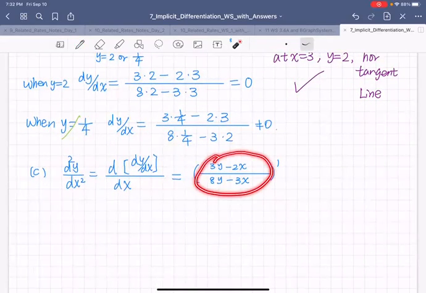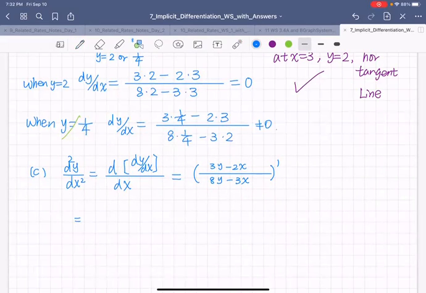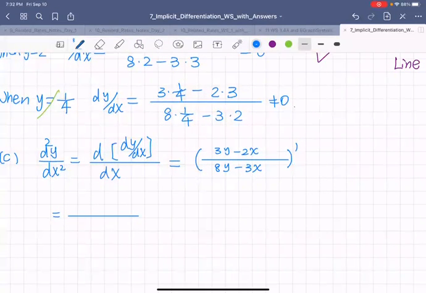Let's do the quotient rule. So it would be 3 times dy over dx minus 3. The bottom one is always that square, right? And we copy down the square first.